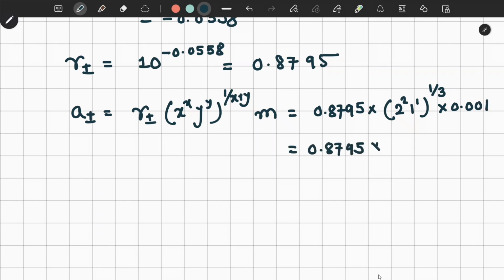Just check whether the values are correct or not. This is 4 to the power 1 by 3, times 0.001. What is the value? Just bring the calculator.